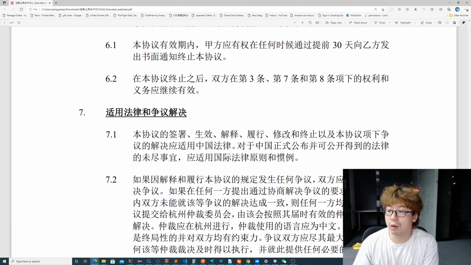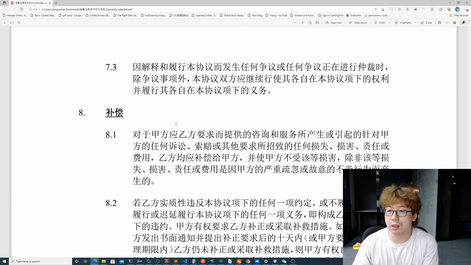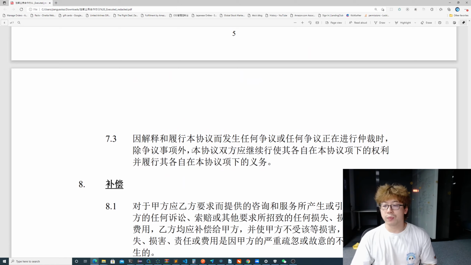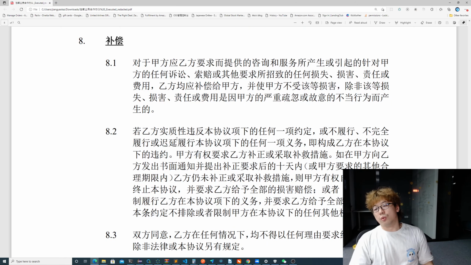If there are parts of this contract that are not fully explained in Chinese law, then we use international legal principles and past examples and whatnot. So the whole contract basically goes like this, and if you want to use some kind of translator on this, you can.